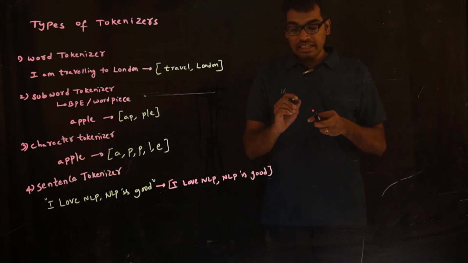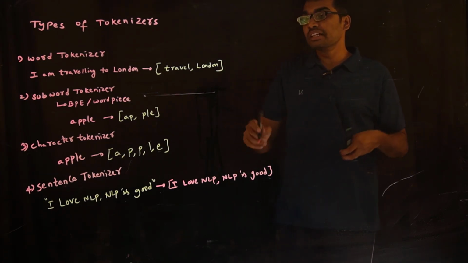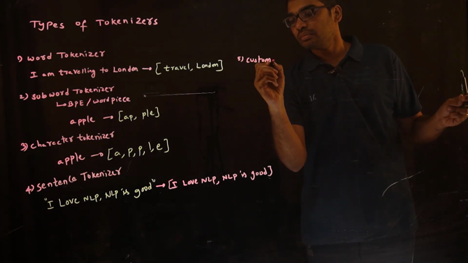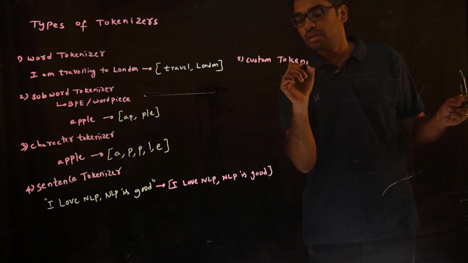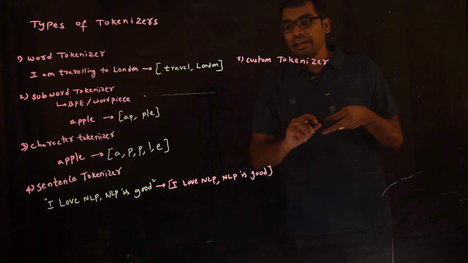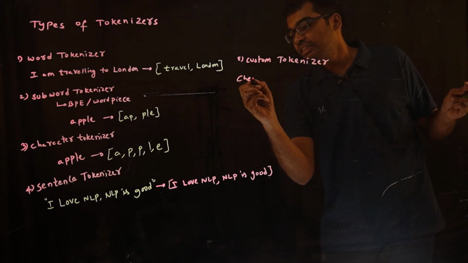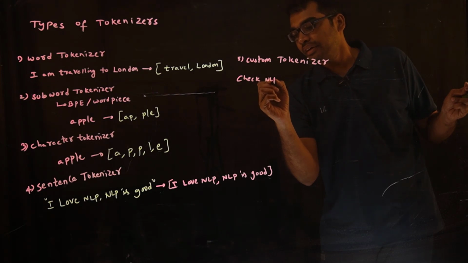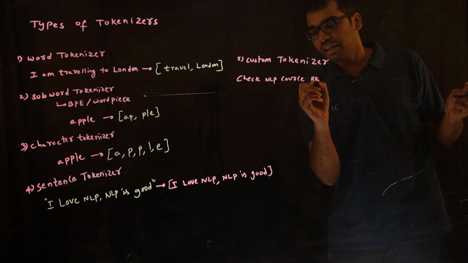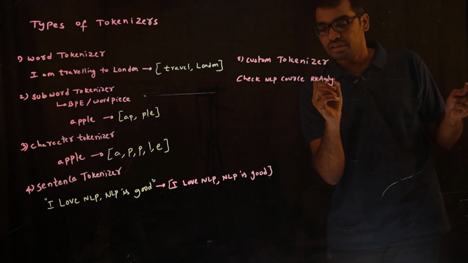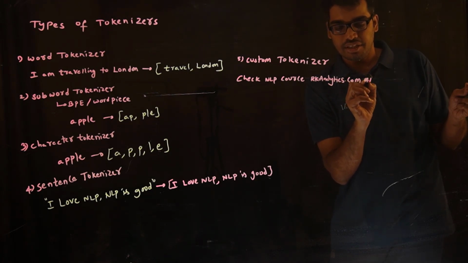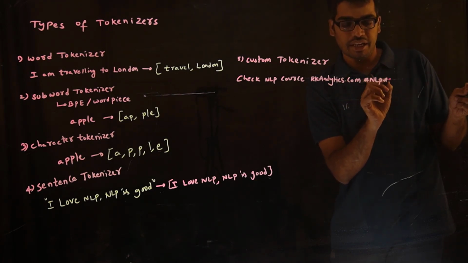You can also have a custom tokenizer, which is the fifth one. Let's say I have this text: check NLP course at rkanalytics.com, and you could see #NLP and let's say #AI.